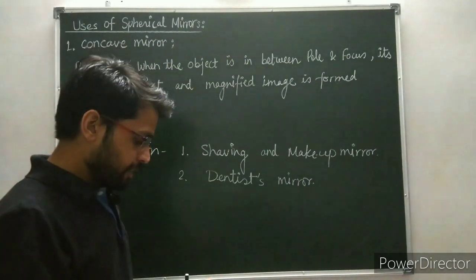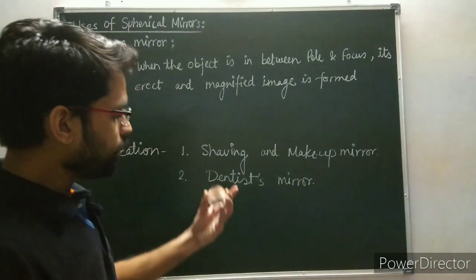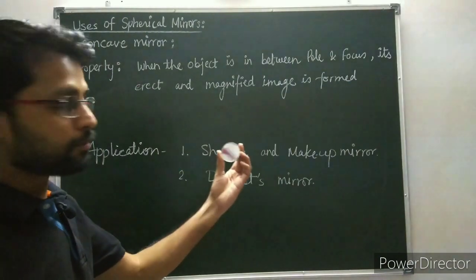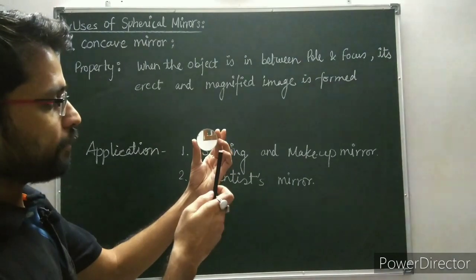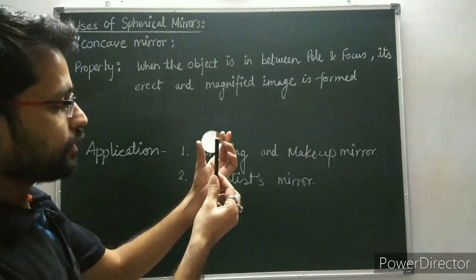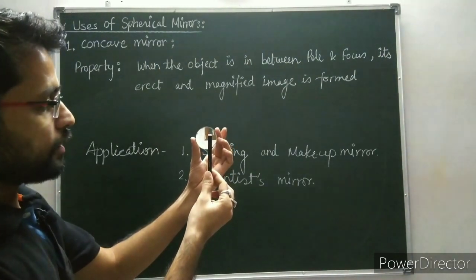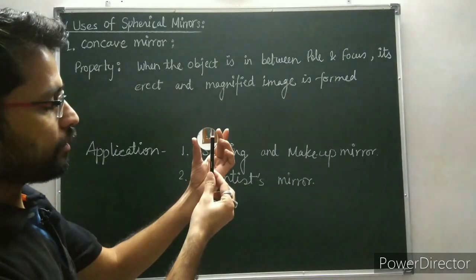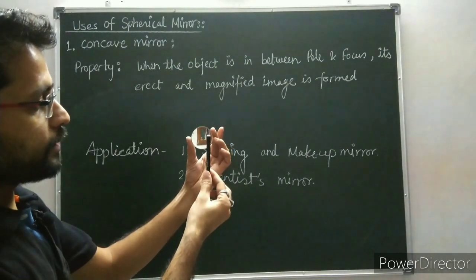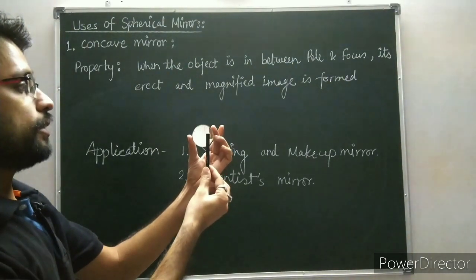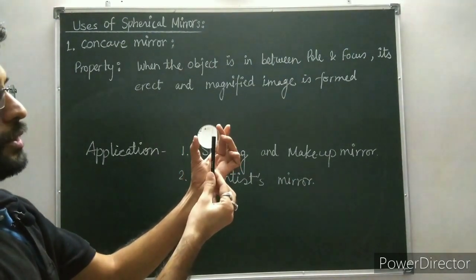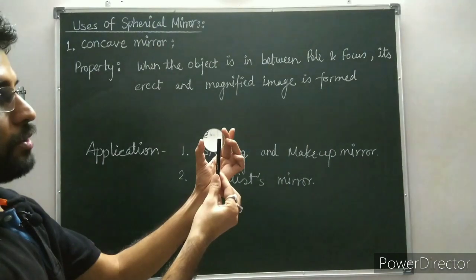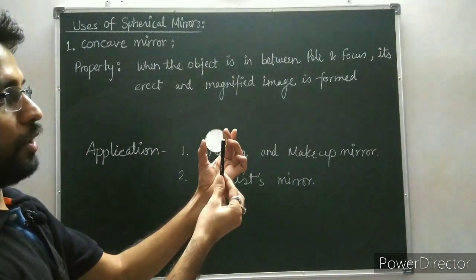As you can see, we have a concave mirror, and when we place an object in between the pole and focus, then its enlarged image is formed. You see the enlarged image of the object.